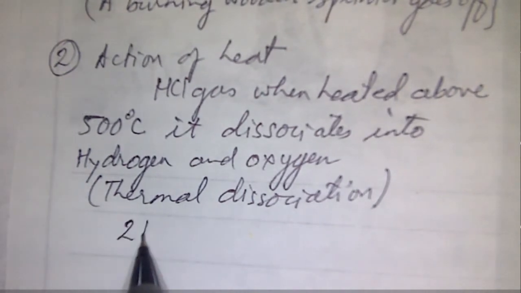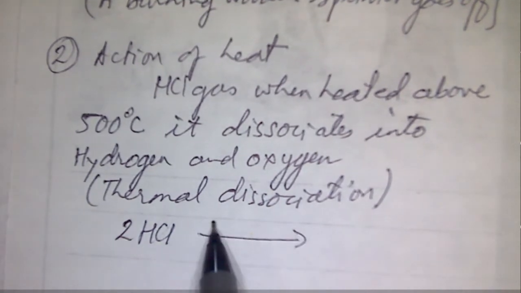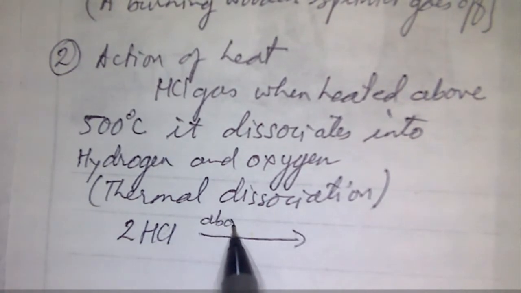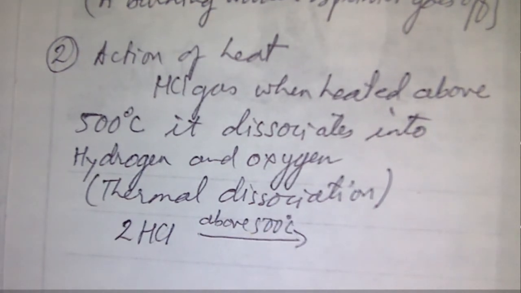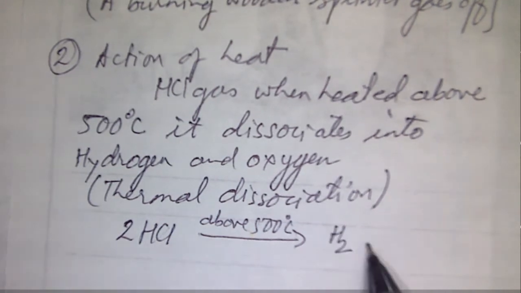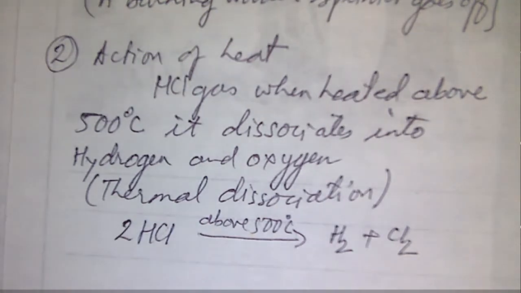So I can write down HCl, heated above 500 degrees Celsius, forms H2 and Cl2. Is it clear? So this is a thermal dissociation.